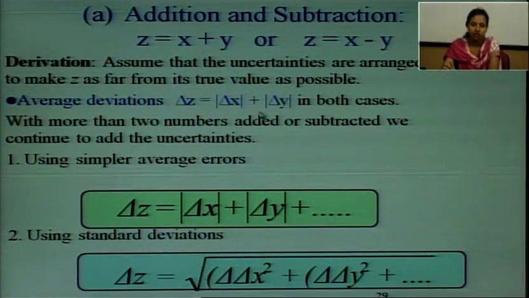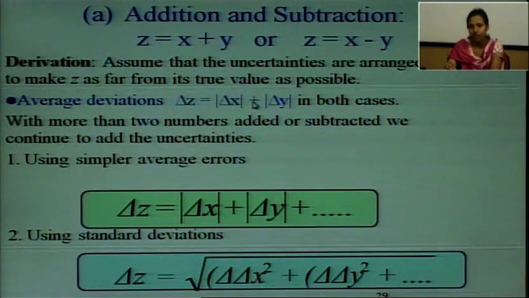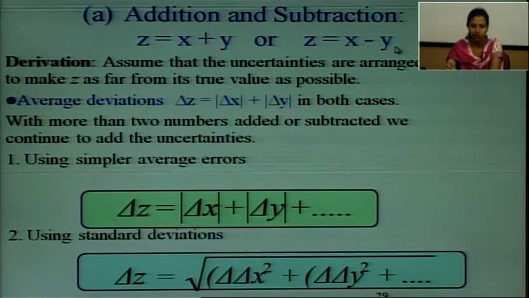The main point is that if there is plus or minus, the total error is always the sum of these two absolute errors. It is never negative, it is always plus, while z is x plus y or z is x minus y.